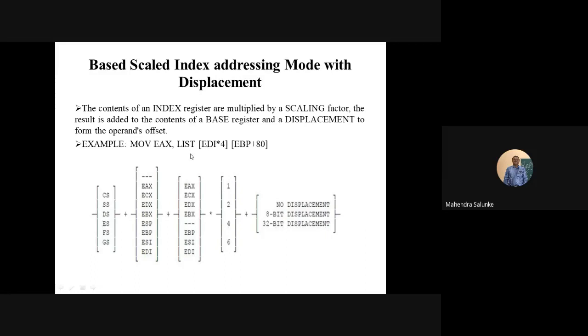Here you can see the base register EBP, the displacement is here, and then the index register EDI is also scaled by 4. So ultimately, all four components are involved in generating the effective address. This is how the addressing modes are used to access the memory locations.